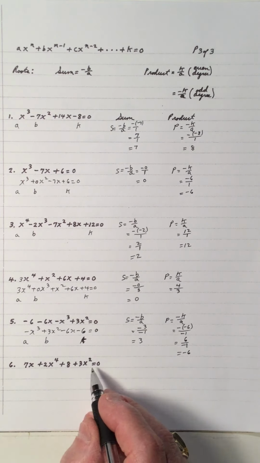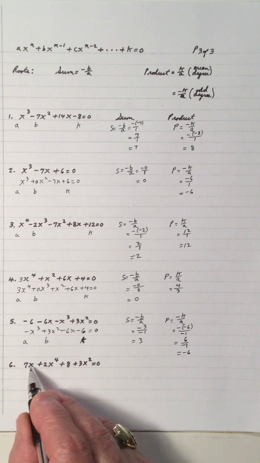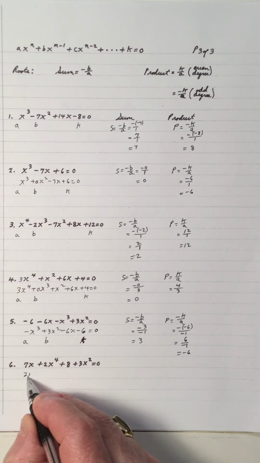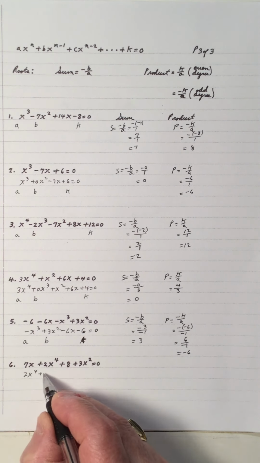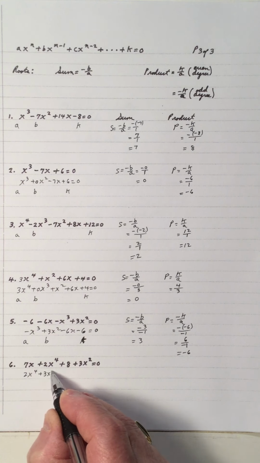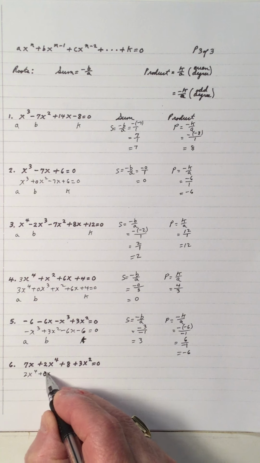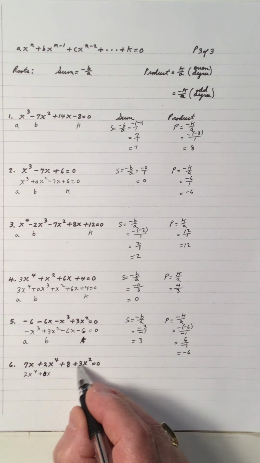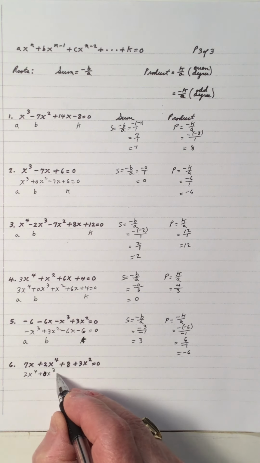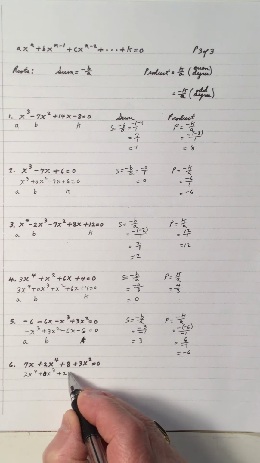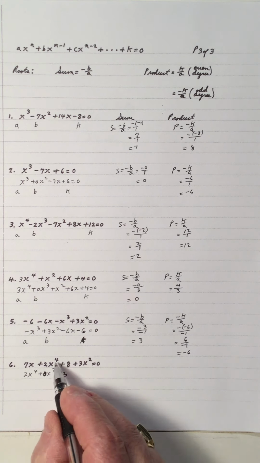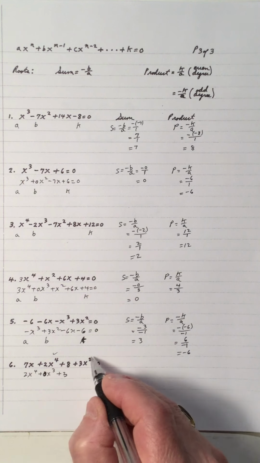And the last one, again, we have to put it in descending order. Highest power is 4, so it's 2x to the 4 plus 3x. Now, notice I don't have an x cubed, so that's a 0. So it's 0x cubed plus 2, better be careful, and do the fourth power, then the cube, then the square.